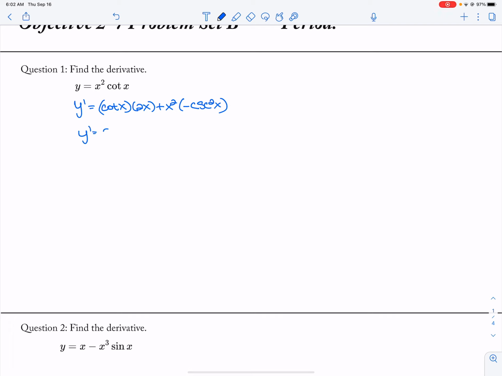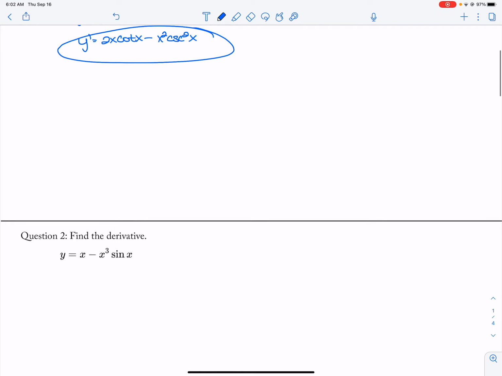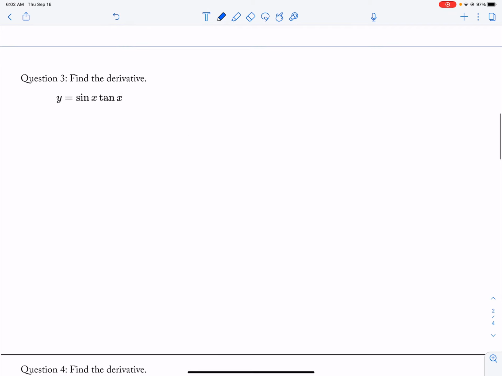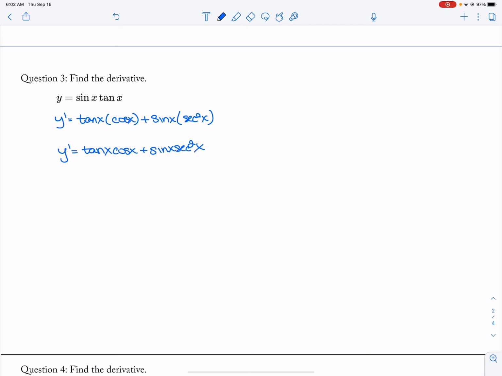So y prime is 2x cotangent of x minus x squared cosecant squared of x. 3, y prime is tangent of x, cosine of x, because that's the derivative of sine, plus sine times the derivative of tangent, which is secant squared of x. So y prime is tangent x, cosine x, plus sine x, secant squared of x.